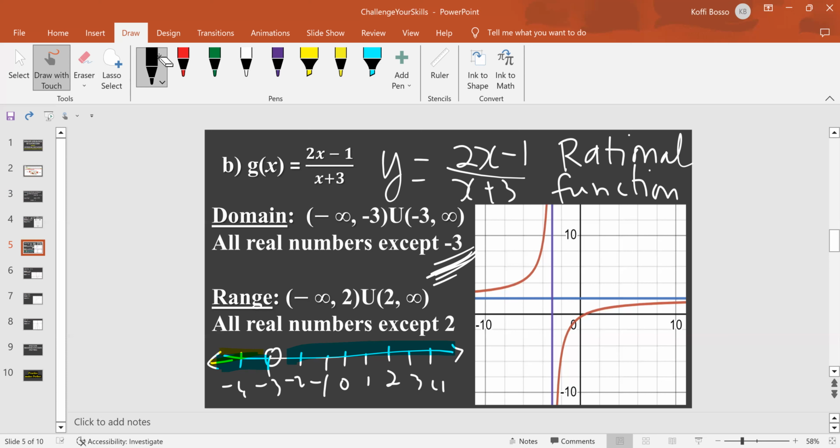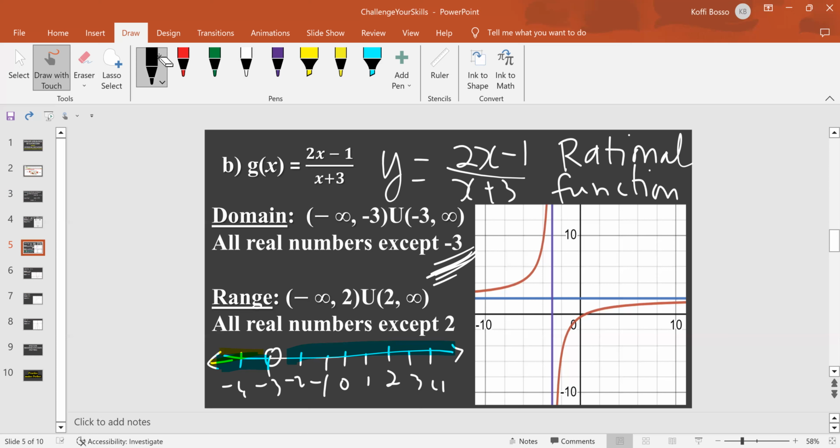The reason we have -infinity, comma, 2, union, 2 to infinity. Again, when they say range, we are looking for the y value, and y equals 2 is not in the range. The reason we have that line, the blue line, across y value equals 2.